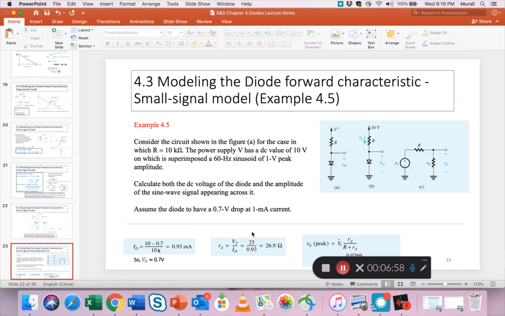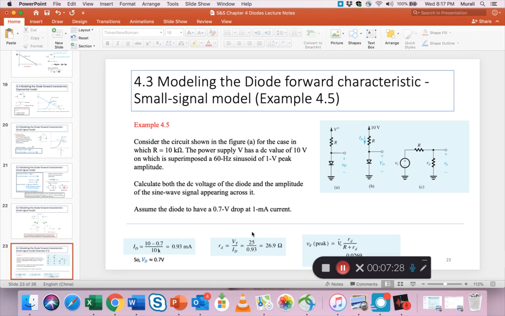So given that there is a DC voltage of 10 volts and then there is a superimposed 1 volt peak sinusoid at 60 hertz, he says find the DC voltage of the diode and the amplitude of the sine wave signal appearing across it. So we want to find the voltage across the diode, and also does any of the ripple come across it?